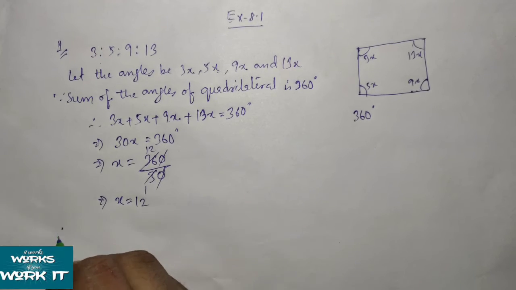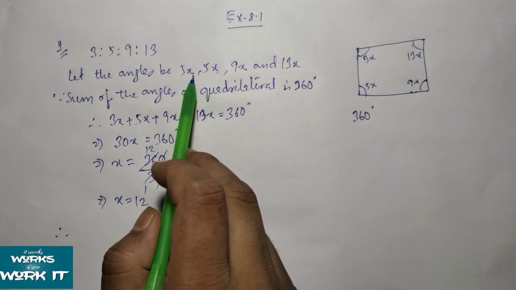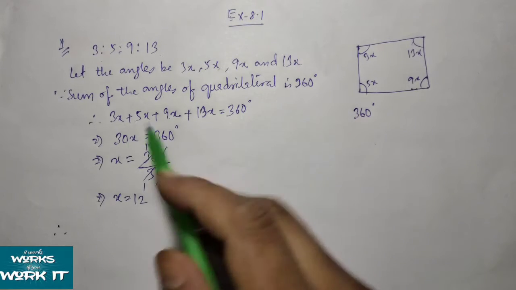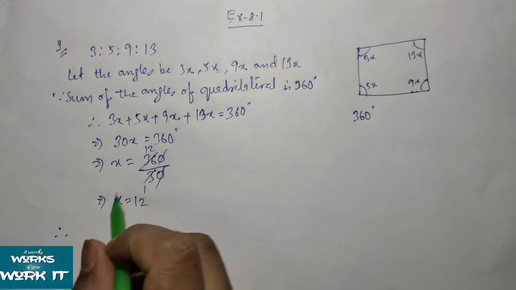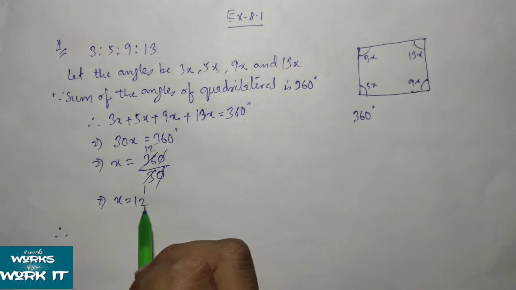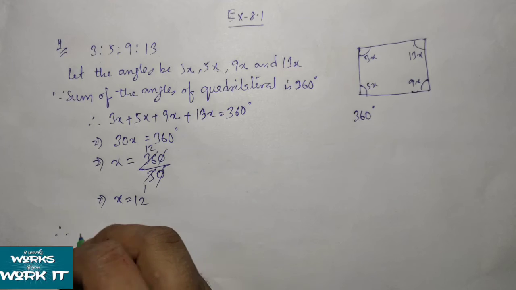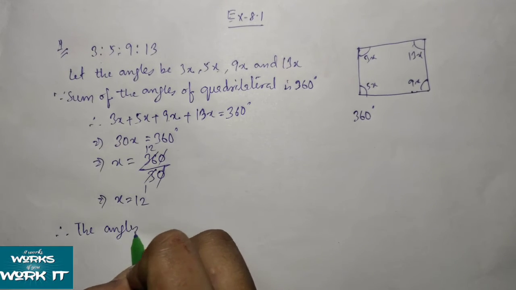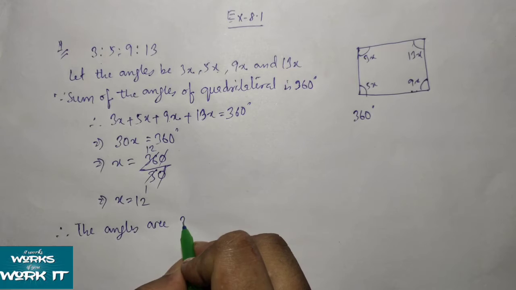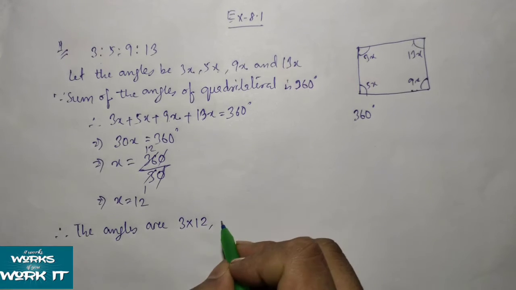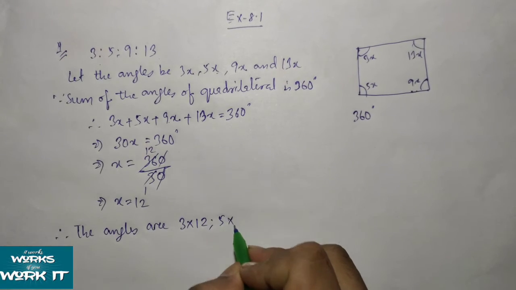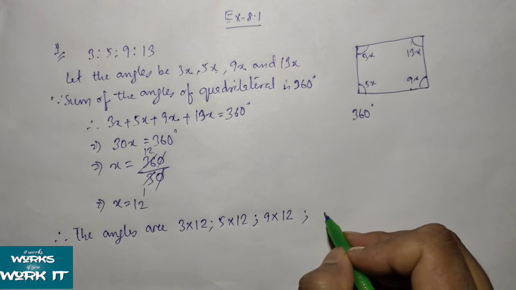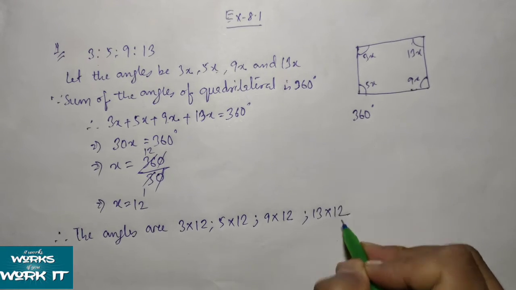Now we already know that all the angles are in variable form 3x, 5x, 9x, 13x. So now we will multiply the value of x, 12, in all the angles. Therefore the angles are 3 into 12, then 5 into 12, then 9 into 12 and lastly 13 into 12.